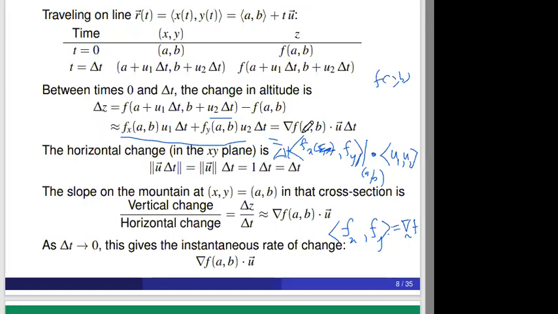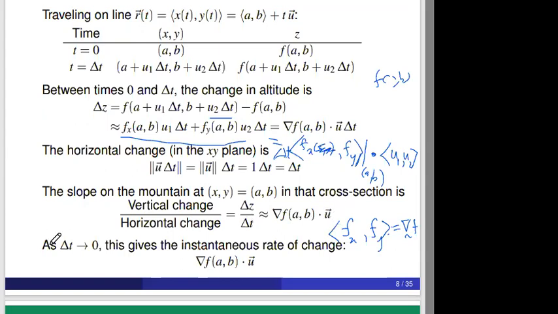Let's divide, then the slope on the mountain at this point is approximately equal to the gradient of f evaluated at p dotted with the unit vector u.